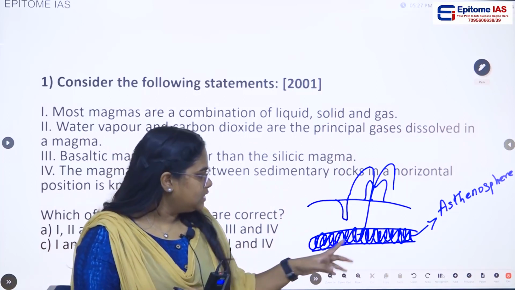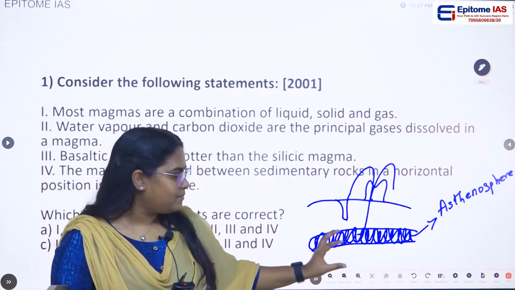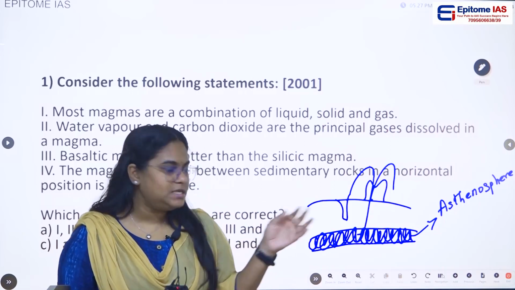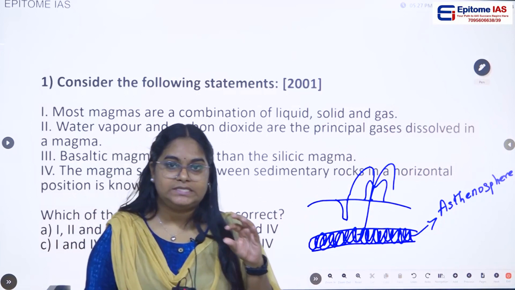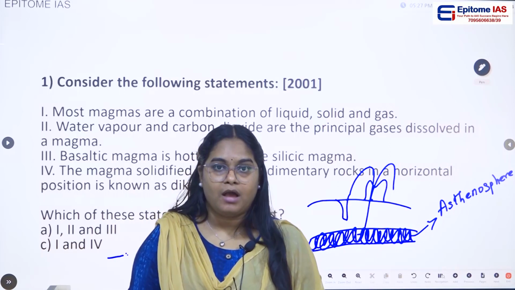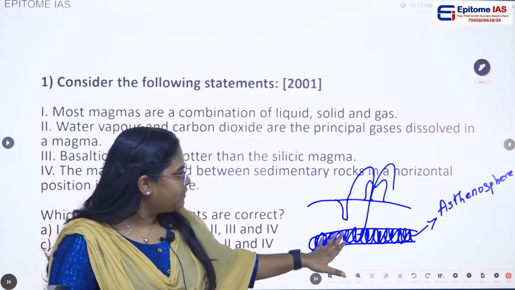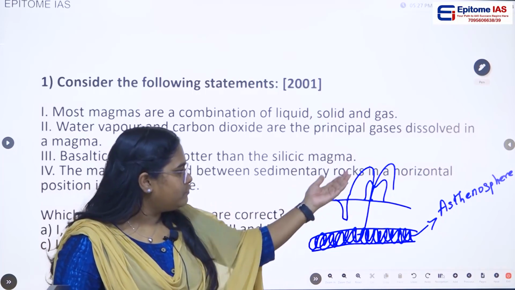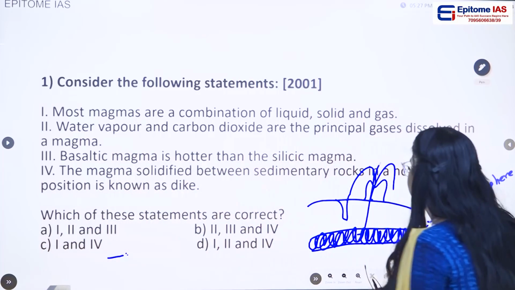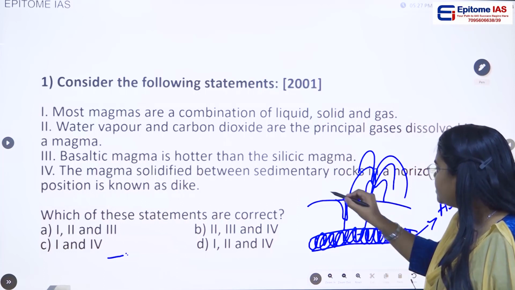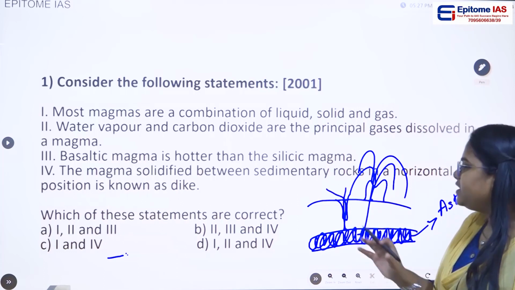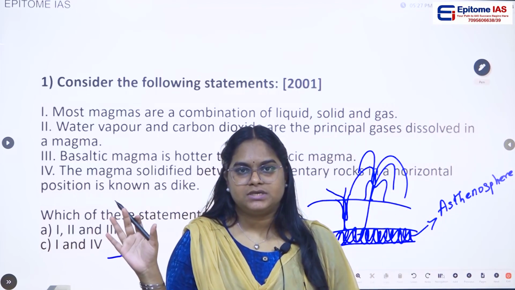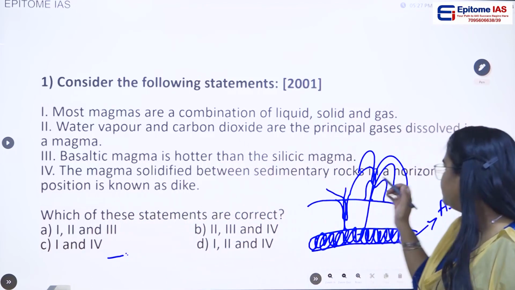When you see here in the asthenosphere, the magma chamber, there is magma. Whenever there is magma inside the earth's interior, we call it magma. But once this magma tries to come out of the earth's surface, either through a volcanic eruption or through any crack in the crust, we call it lava.